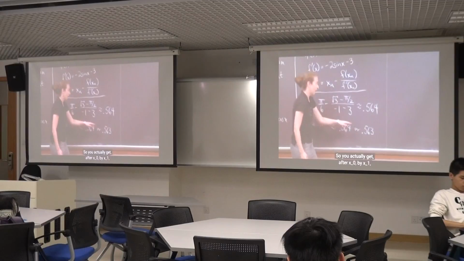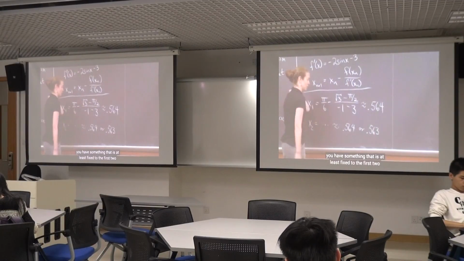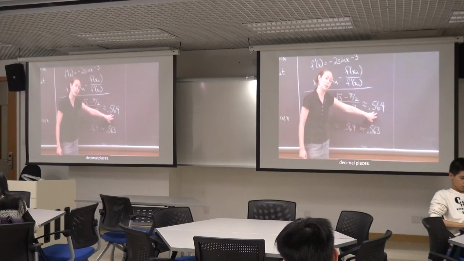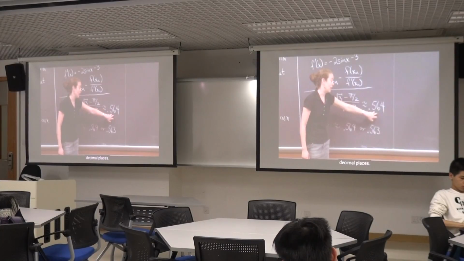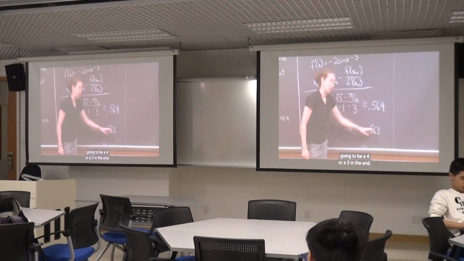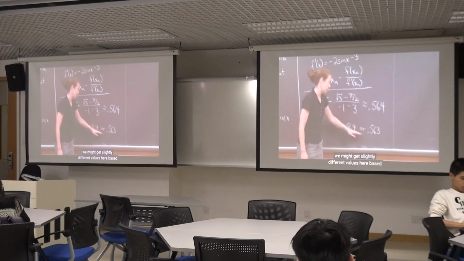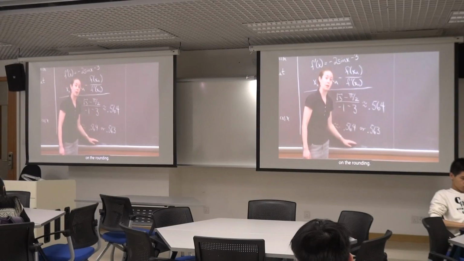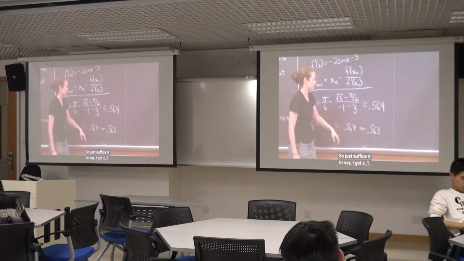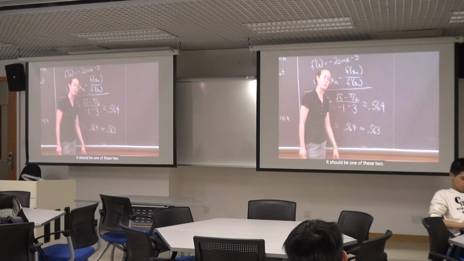So you actually get, after x0, by x1 you have something that is at least fixed to the first two decimal places, and then the third decimal place maybe is going to be a 4 or a 3 in the end. But depending on what value we choose here, we might get slightly different values based on the rounding. So just suffice it to say, I got x1, your x2 should be about the same. It should be one of these two.